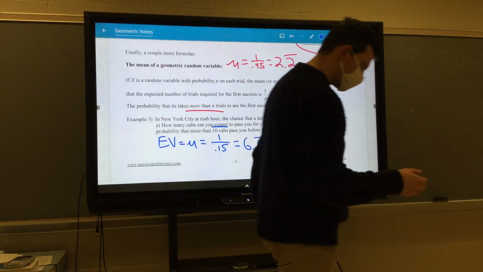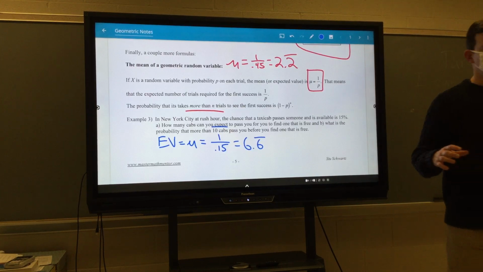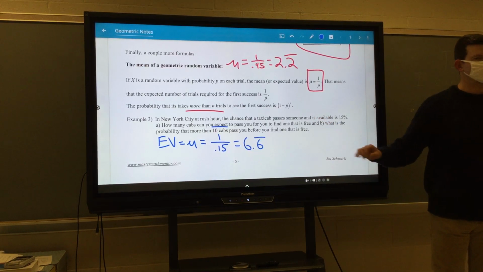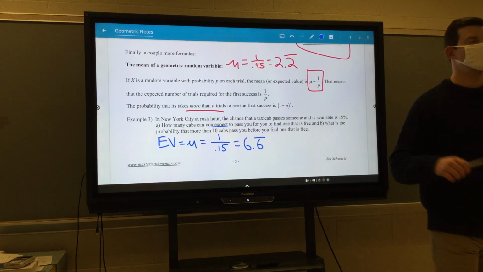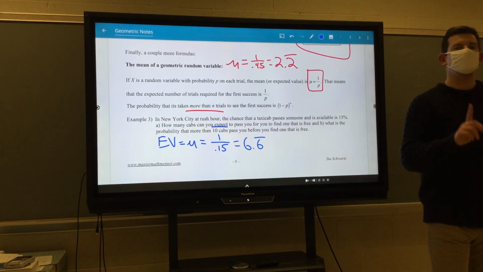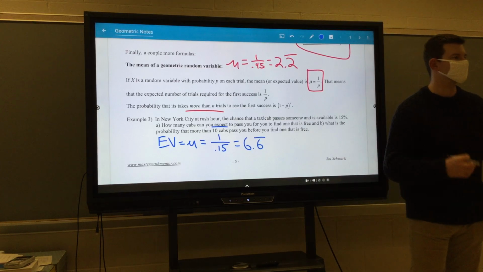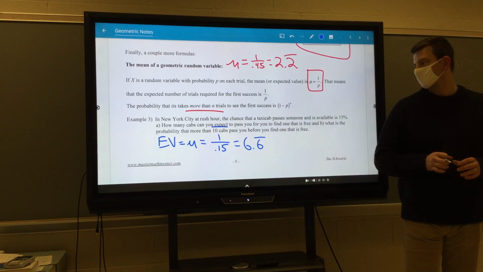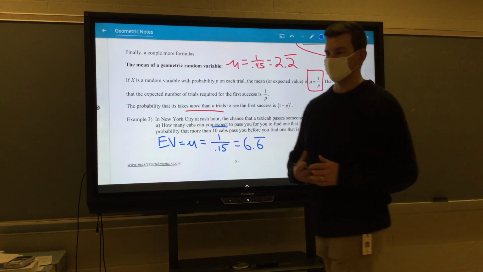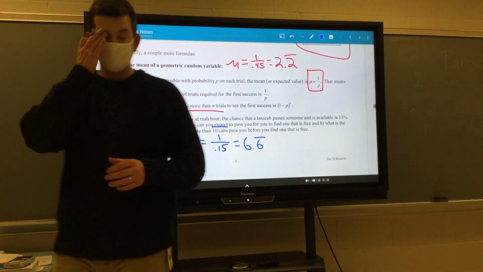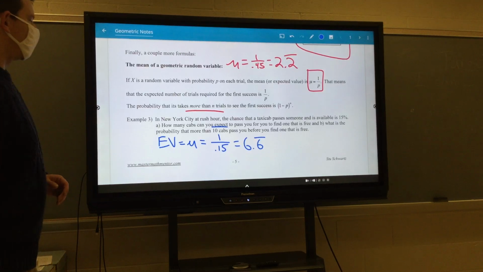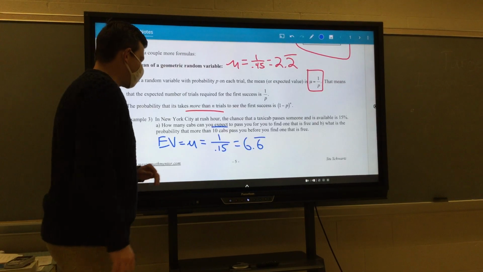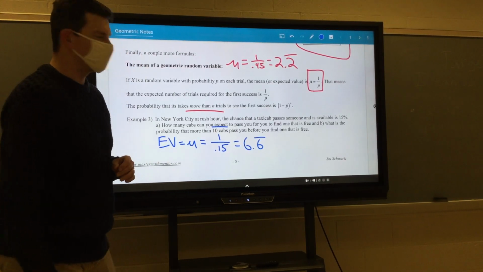And you can see how this geometric model is perfect for analyzing this situation. We don't need 10 open cabs coming. We just need that first one to be a success for us, and then we're good. Okay? That's what this geometric model does. Part B of this question, what is the probability that more than 10 cabs pass before you find one that is free?